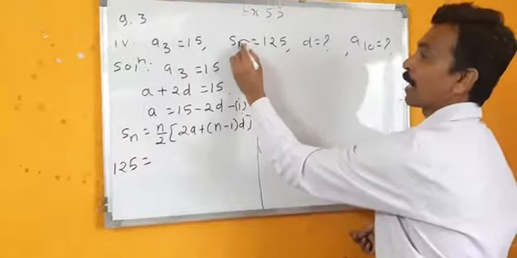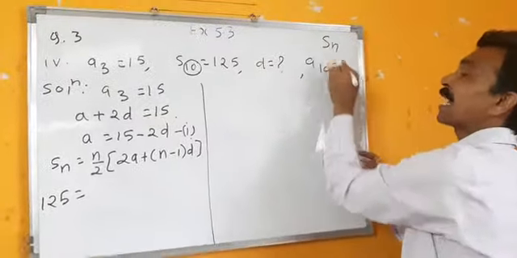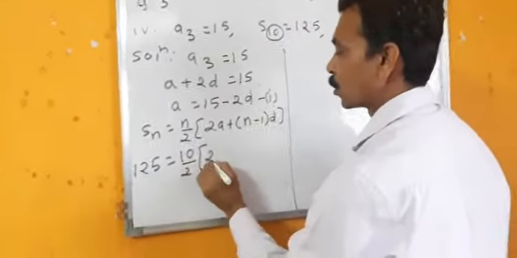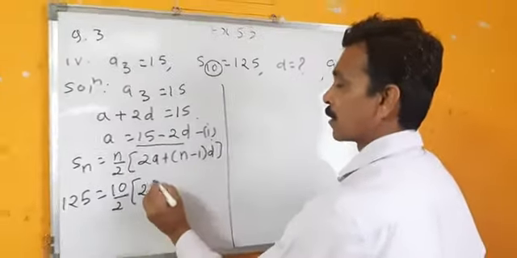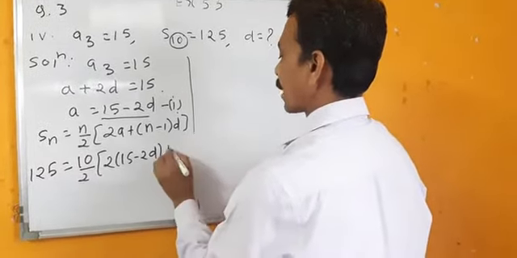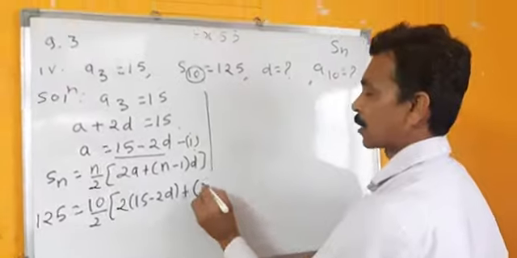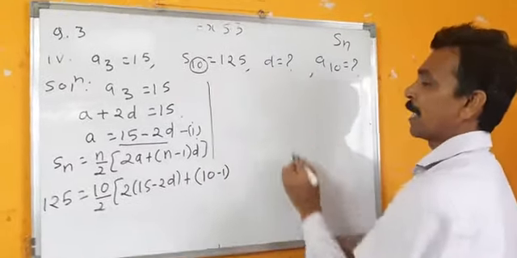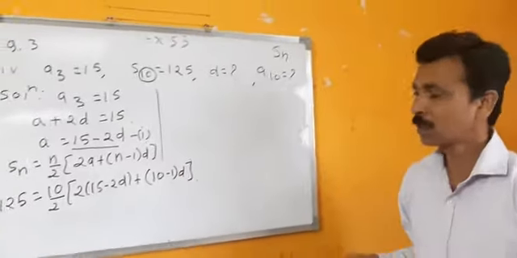What is the value of N? 10, because it is S10. So it becomes 10 upon 2 into 2A means 2 into A. What is the value of A? 15 minus 2D, right? Plus N minus 1 into D. N is how much? 10 minus 1 into D. D we have to find, right?